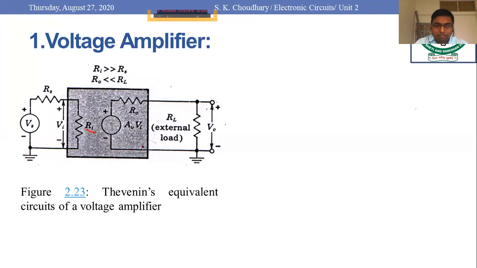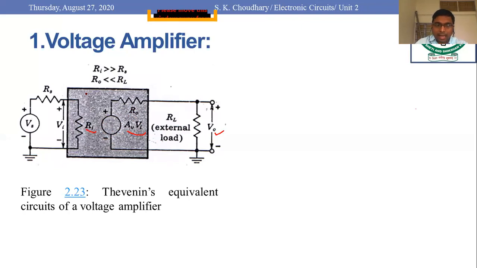Similarly, in the output part of this circuitry, you can see a dependent voltage source, shown by a circle with plus and minus polarity, and the voltage across it is AV*Vi. The resistance R0 is in series with this source, and finally RL is connected across the output. That is our external load, and the voltage drop across RL is V0, the output voltage.